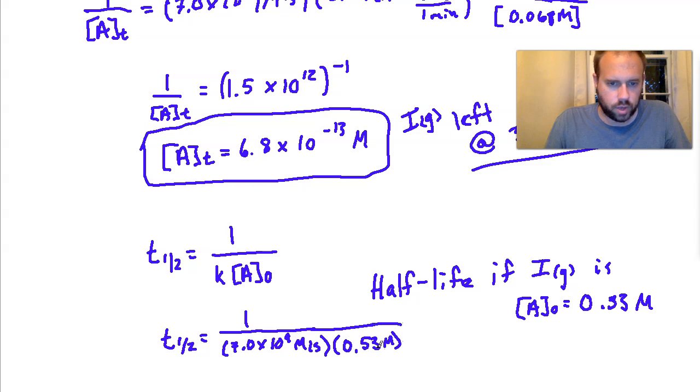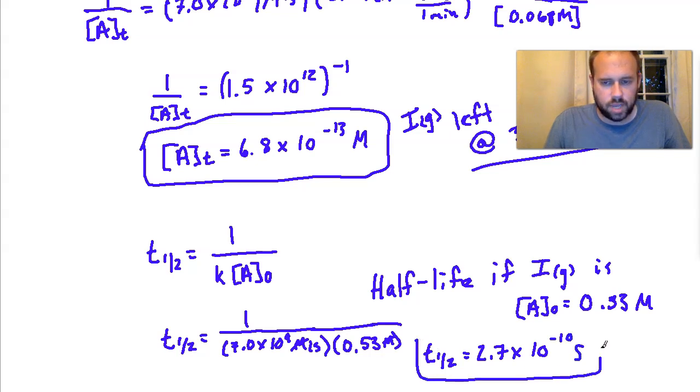And what you end up with, because these molarities will cancel, is t 1/2 is equal to 2.7 times 10 to the -10th seconds.